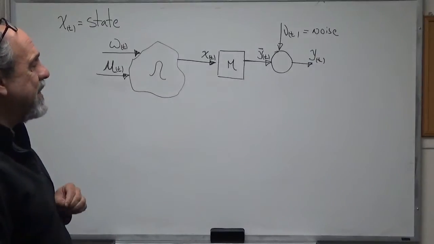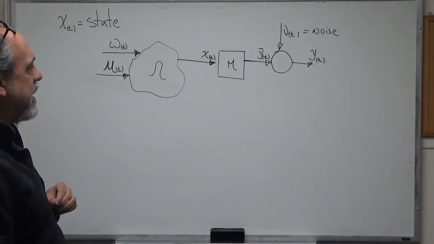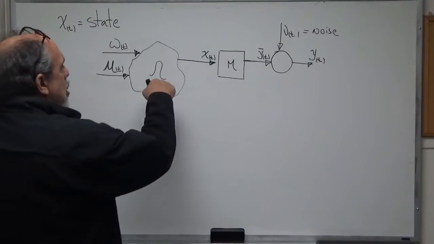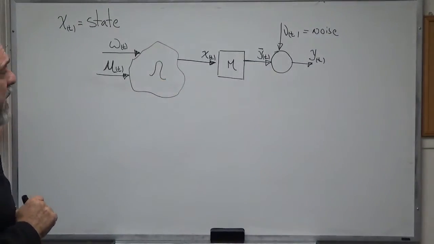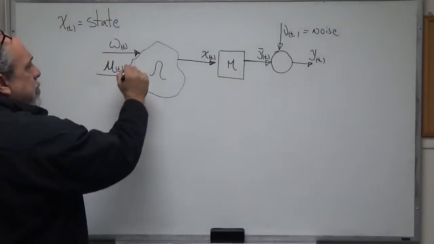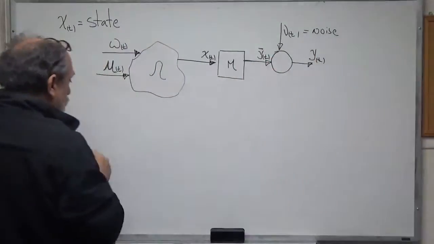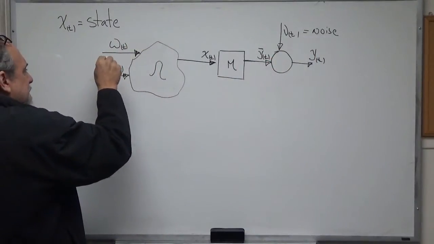From the input and the system, we calculate the response. Now, in system identification, our objective is actually to learn something about the system, given that we can measure the input and the output.